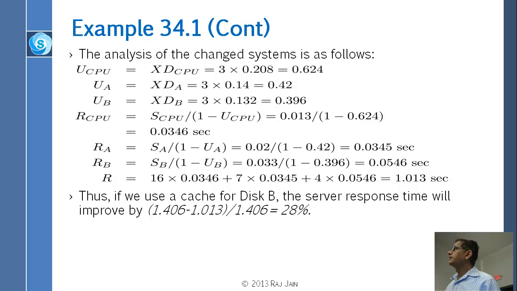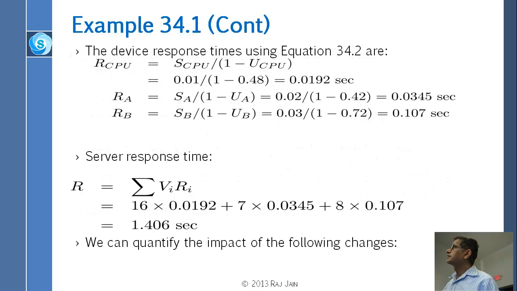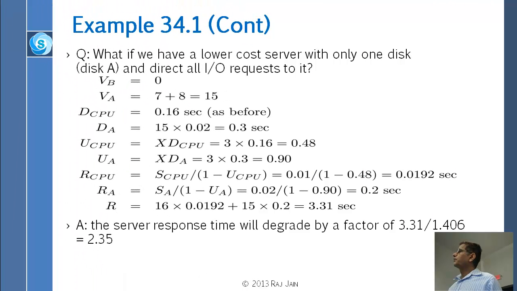Oh, this is actually the old one, with 6 users. With 6 users, 1.406, and now it is 1.013, 28% better.